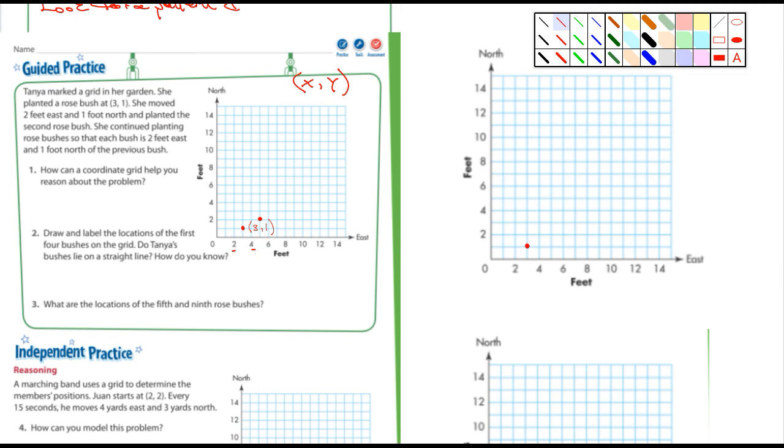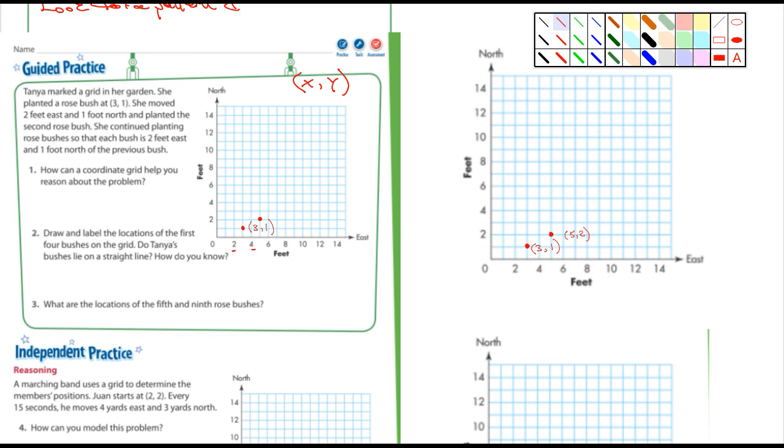And then I'll write 3, 1. And the next rose bush is at, what was it? 2 feet east and 1 north. So 1, 2, and then up north 1. So this one is, what is that location? That's going to be 5, 2. You don't have to label these like I'm doing, but sometimes you'll be doing a problem where it'll help just to reference back to the coordinates.